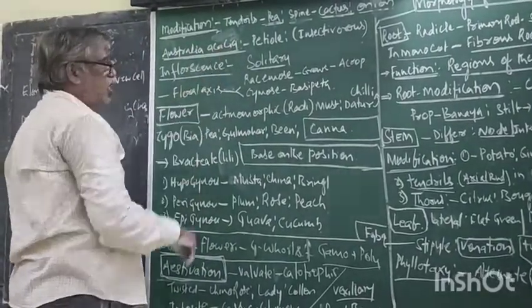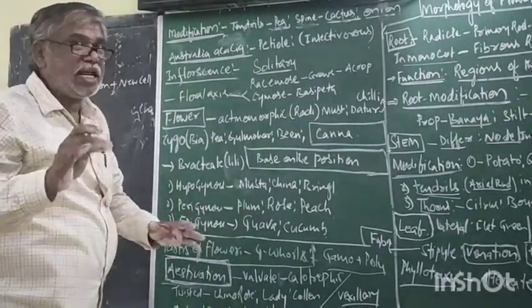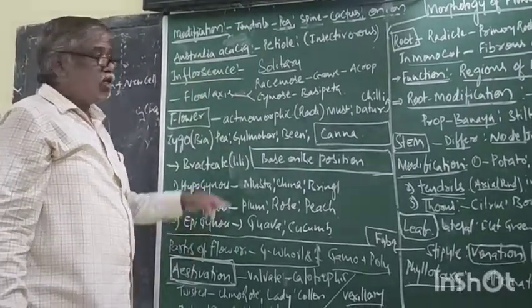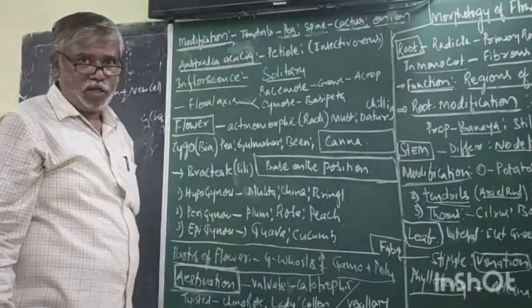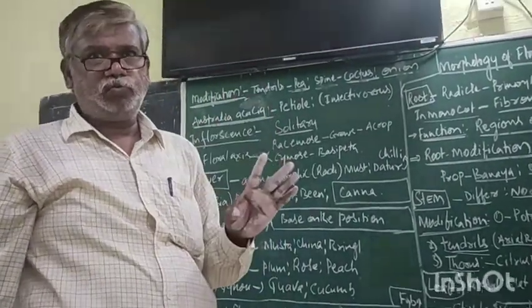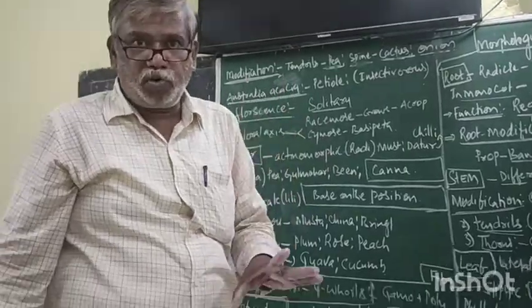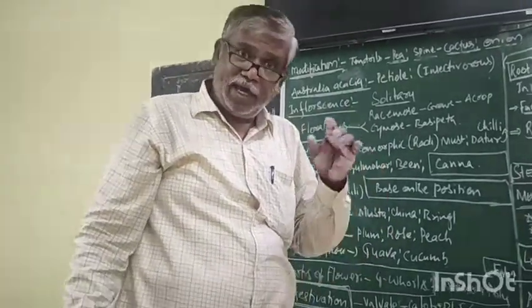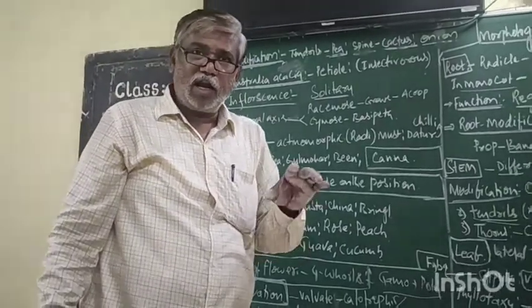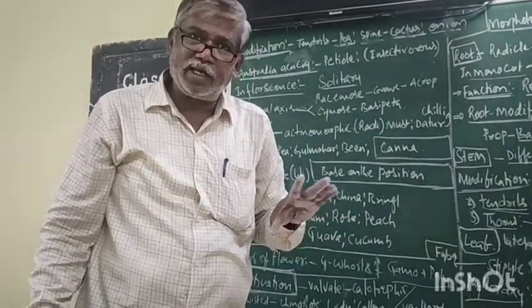Australian acacia is a plant name. In Australian acacia, the leaves are small and short-lived. Hence, the rate of photosynthesis will decrease.